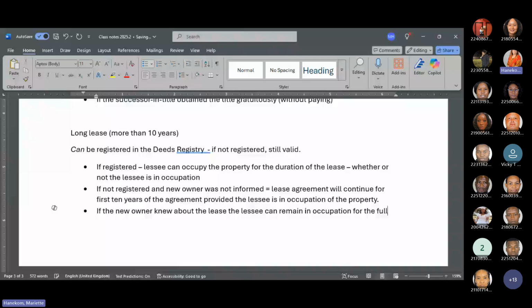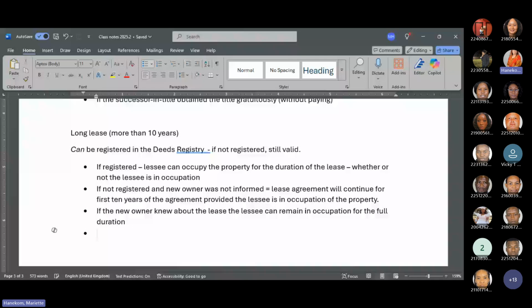So whether or not it's registered, whether or not the lessee is in occupation, if the new owner is informed, the lease can continue for the full duration, however long it is.